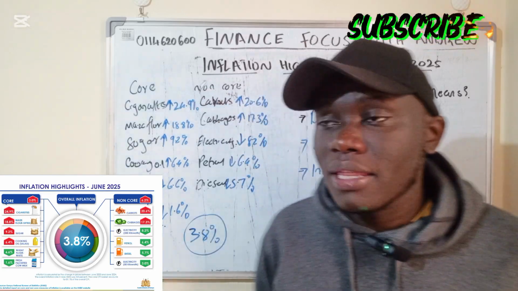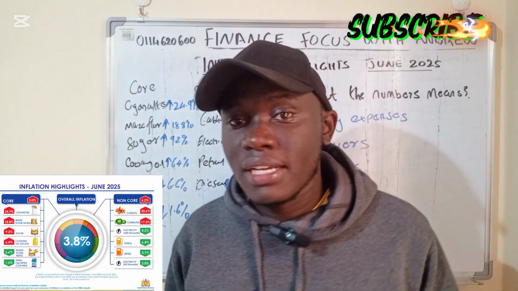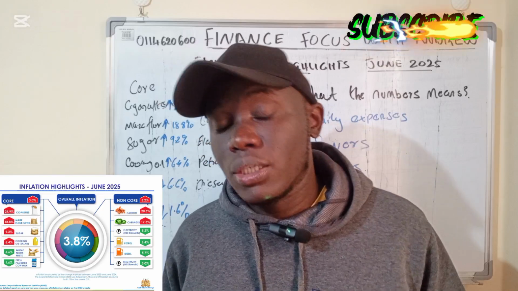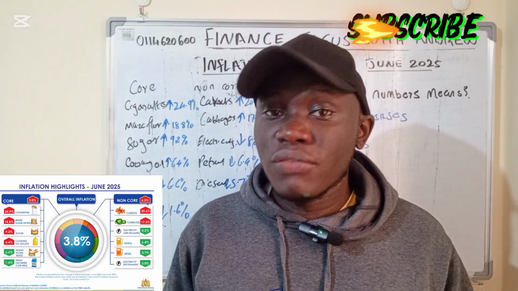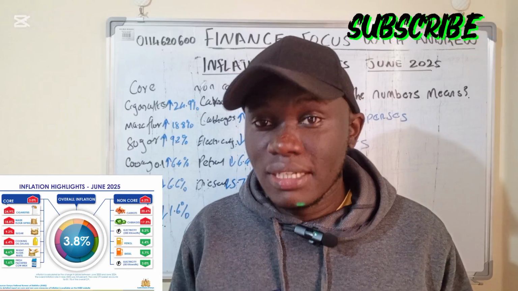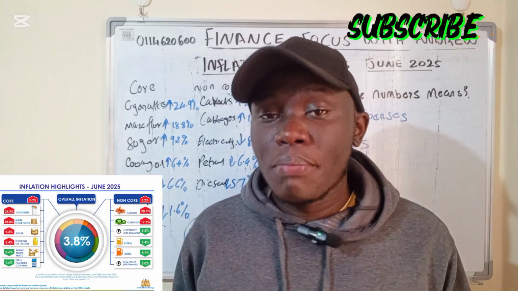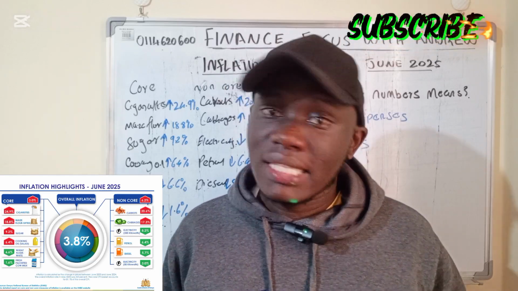A simple thing that you can calculate the inflation for is bus fare. If you can recall how much you were paying in the month of June 2024 and what you are currently paying, for the same route, the same distance, the same circumstances, you can compare the two prices and see what the inflation has been for the last 1 year.